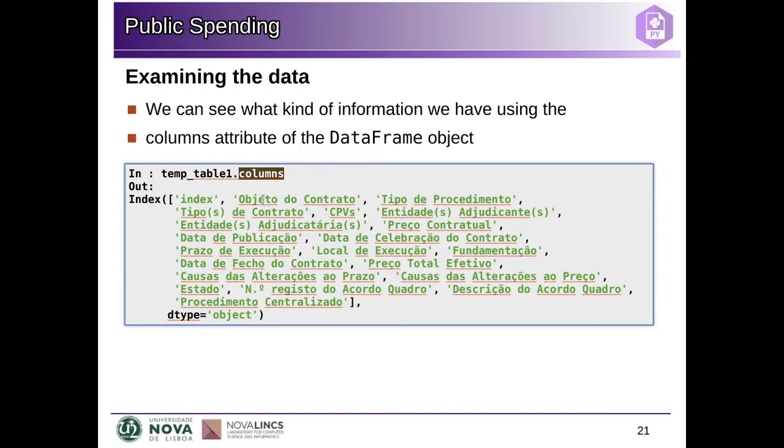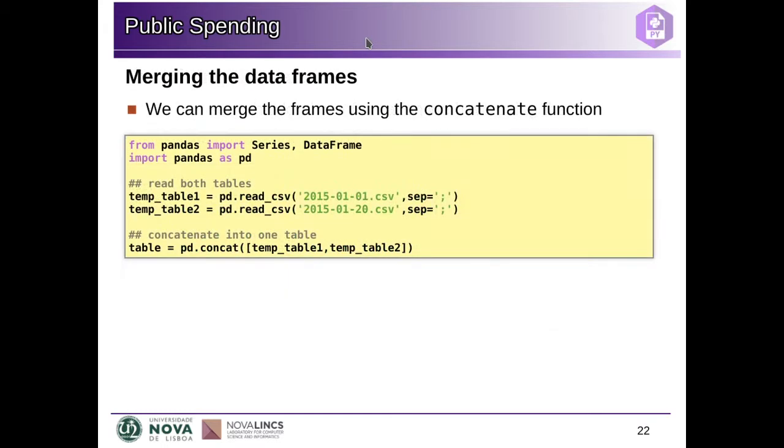So we have objeto de contrato, tipo procedimento, and so on. We can also join tables together using the concat function from pandas. Basically, we give the concat function a list or a tuple with all the data frames we want to concatenate, and by default it will concatenate them along the rows.